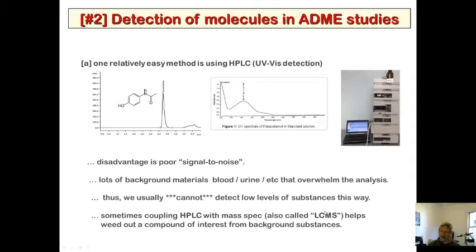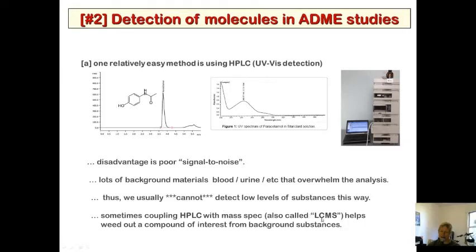It's another piece of equipment that sits next to the HPLC and does mass spectrometry, which will tell you the molecular weight of the peaks being analyzed, and you can often weed out your compound of interest, or a metabolite, based on its molecular weight.